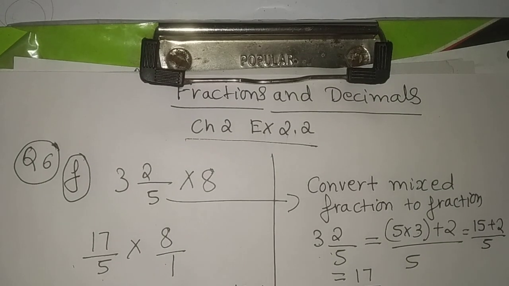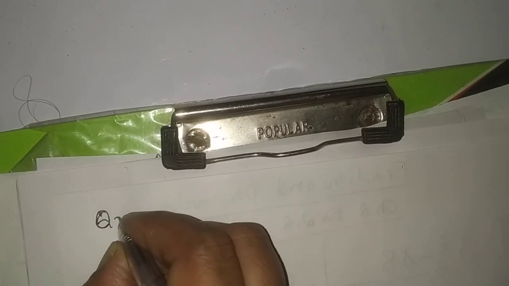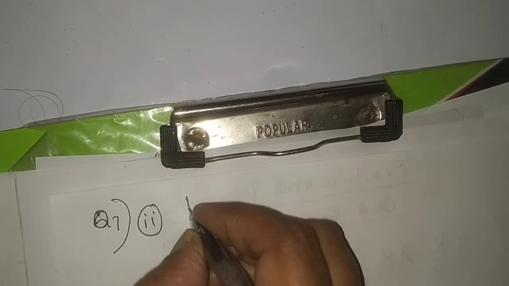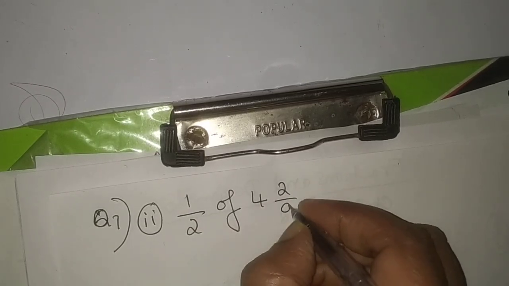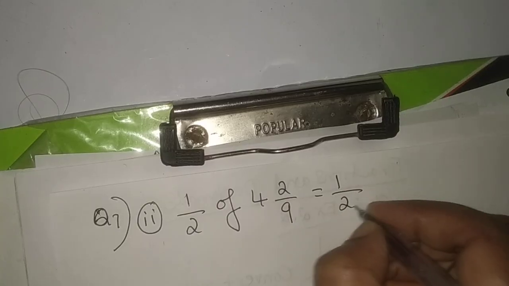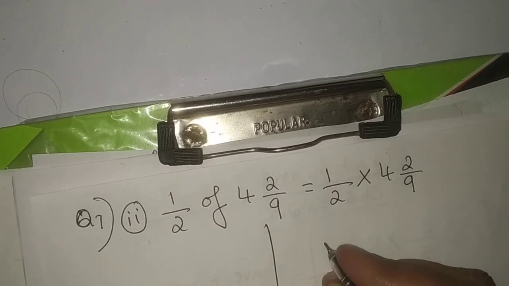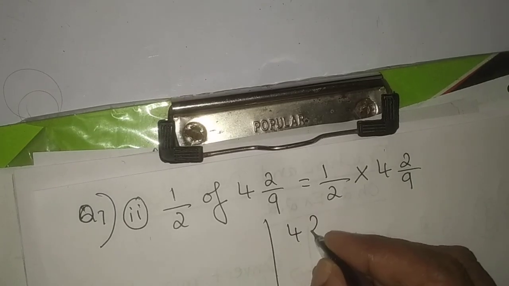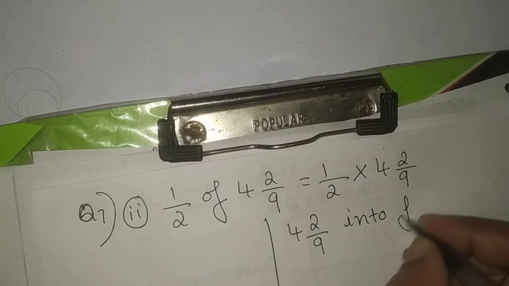So we move on to the next one, that is question 7, second sub problem. That is of 4 2 by 9, which can be written as of into 4 2 by 9. First step is to convert this 4 2 by 9 into a fraction.